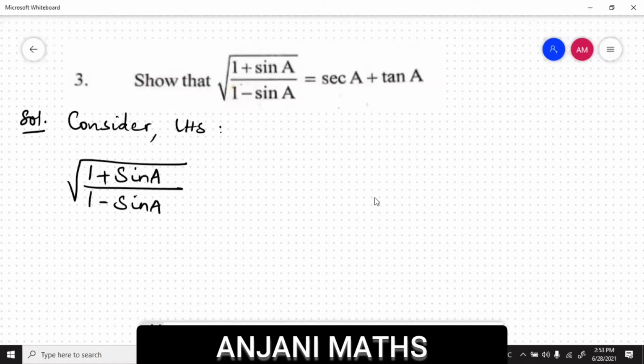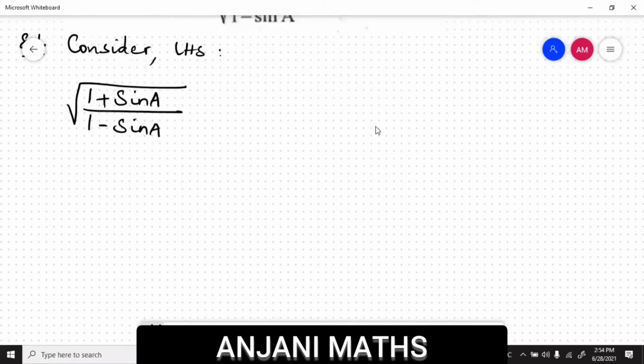We have simply secant A plus tan A. So what we will do, multiply and divide with 1 plus sin A. So what we have done here, we have multiplied and divided with 1 plus sin A.